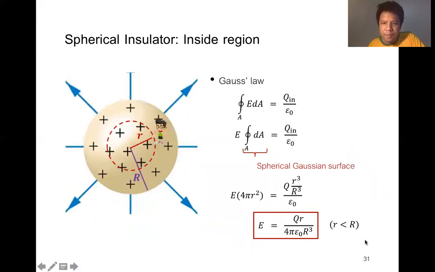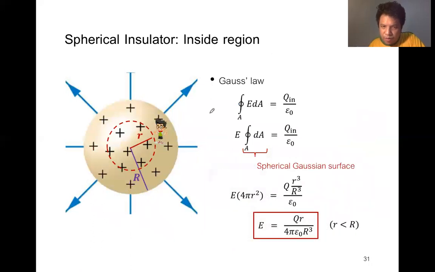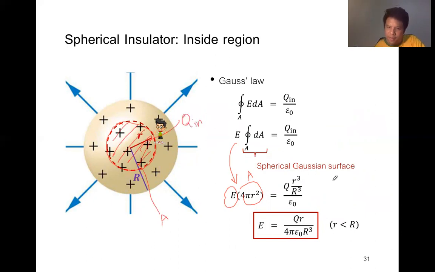Then I plug this into Gauss's law. On the left hand side, I have the electric field times the area A of the sphere, and on the right I use the expression of Q in from the last slide.